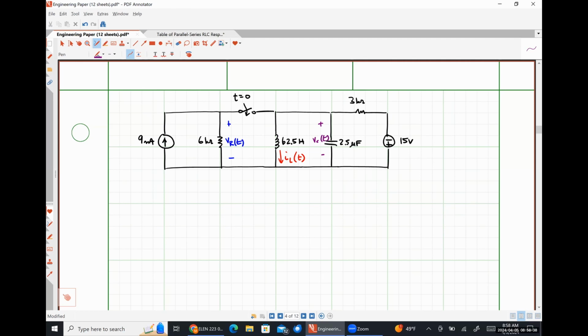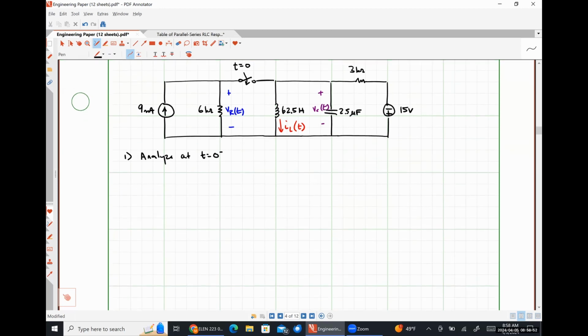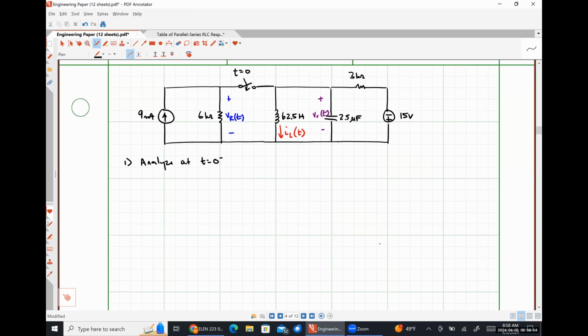In order to solve this thing, we're going to start by analyzing our circuit at t is equal to 0 minus. At t is equal to 0 minus, we've got 9 milliamps.